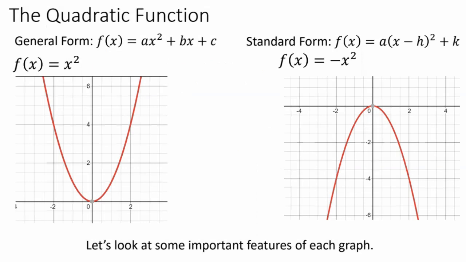So let's look at these two quadratic functions, again in general form, ax to the second plus bx plus c. If you see the first one here, our a value is a positive value. So since our a value is positive, our parabola is going to be pointing upwards, okay?